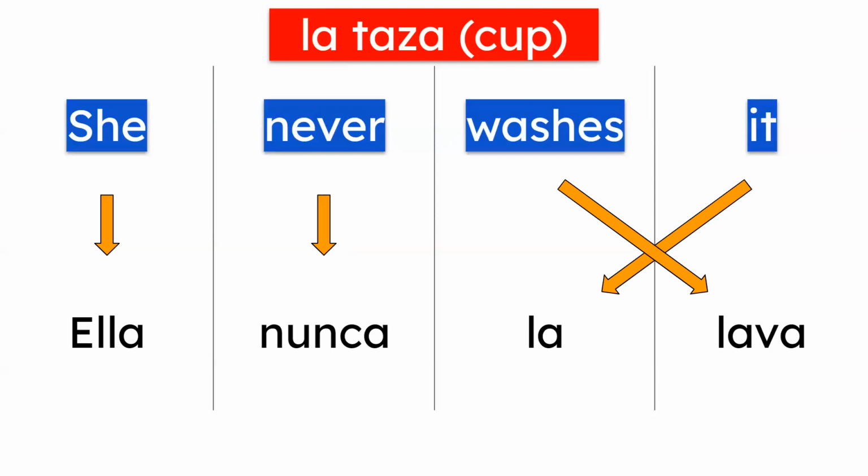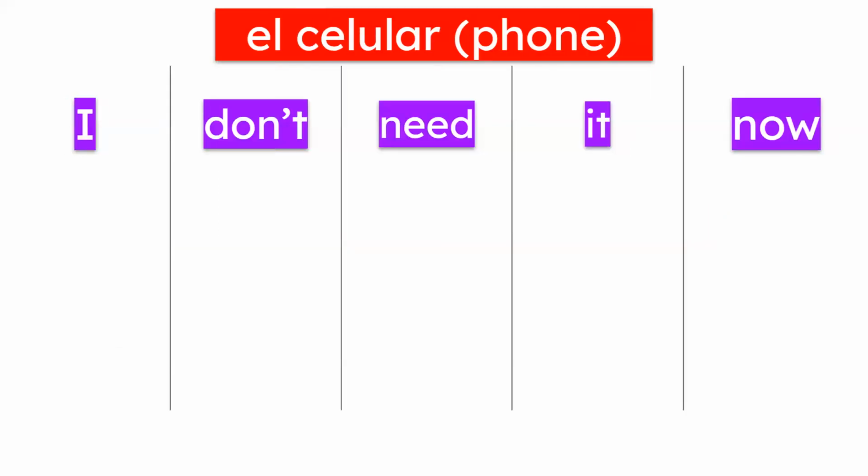And the next sentence we have for negative statements is here. I don't need it now. So you can do whatever you want, but I don't need it now. And it is referring to my phone, el celular, masculine. So I is yo. What comes next? No. And now, next, it, right?